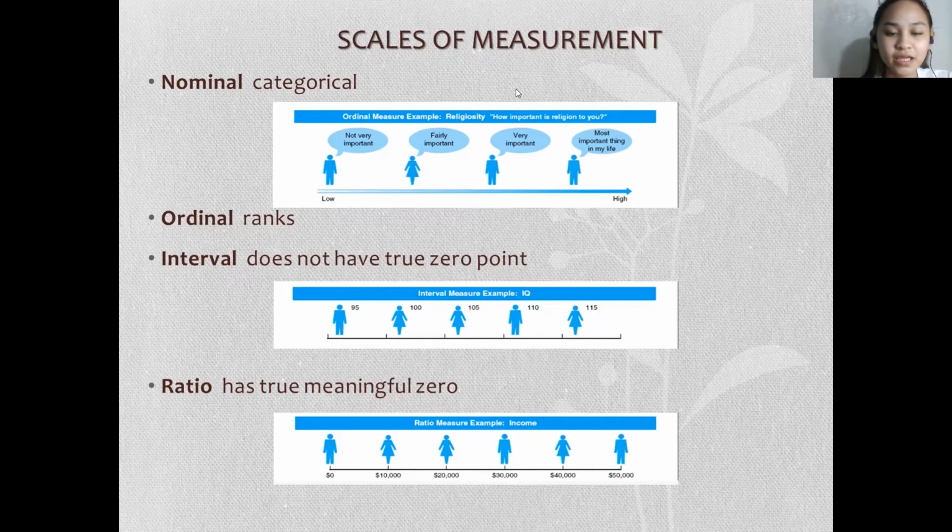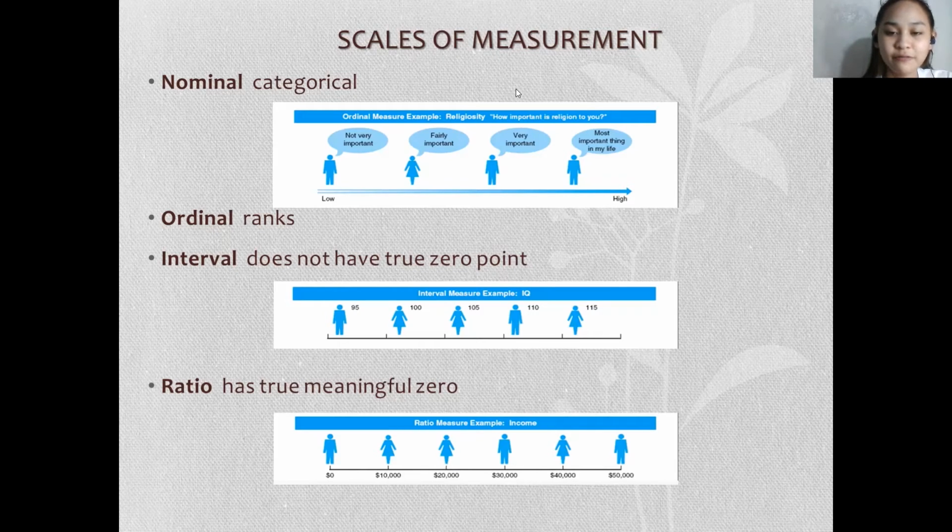Next is the interval. It does not have a true 0 point. It has all the properties of nominal and ordinal. The actual distance has a meaning. Example, in IQ. Technically, wala namang taong walang IQ or zero IQ. Pero alam natin yung distance between taong merong IQ 95 and 100 IQ points.